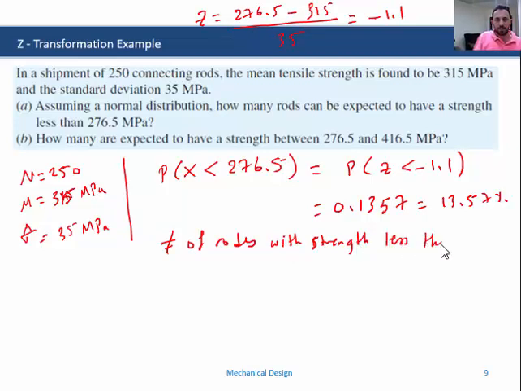less than 276.5 megapascal is equal to 13% of the 250. Or we can use directly 0.1357, which is 13% multiplied by the number of roads, 250.